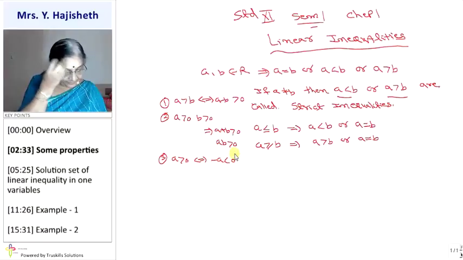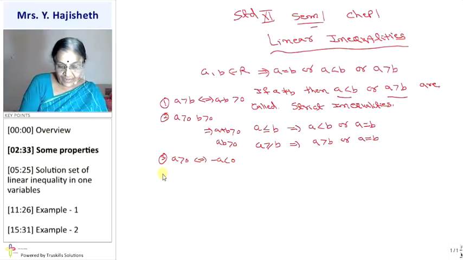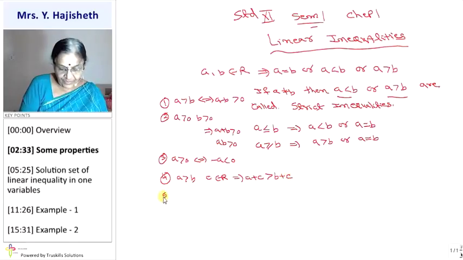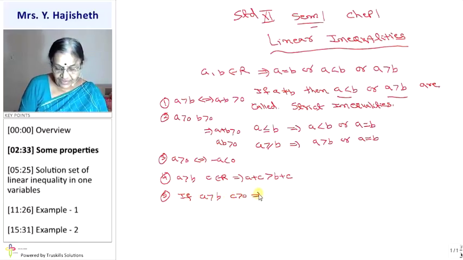Then they have given if A greater than B and C belongs to R, whether positive or negative, then A plus C greater than B plus C. We don't bother about sign. But if A greater than B and C greater than 0, then AC will be greater than BC.